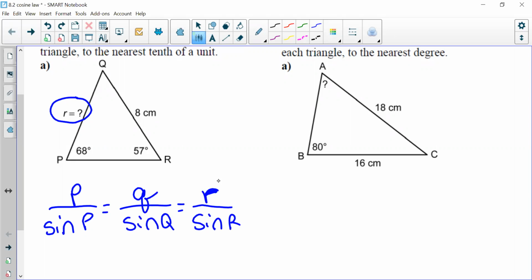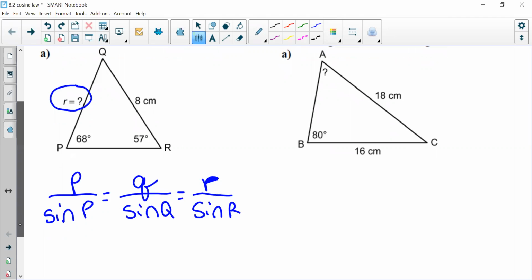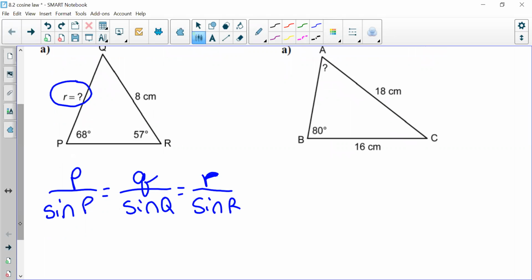All right. What information do I know? You know the angle of R and the angle of P. Good. So angle P is 68, and R is 57.